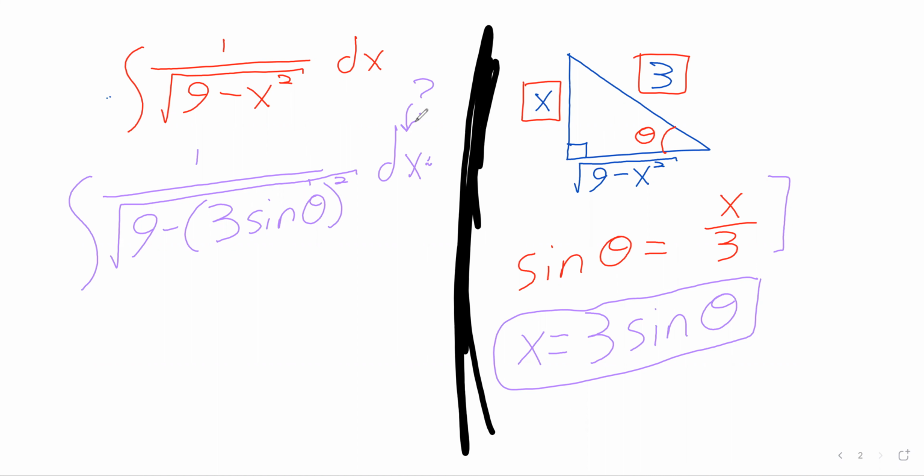Now, the step we perform here is similar to what we did when we had integration by parts, or similar-ish. If x is 3 times the sine of theta, then we'll say that dx is the derivative of this, d theta.